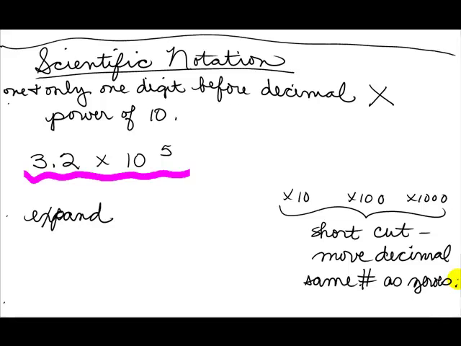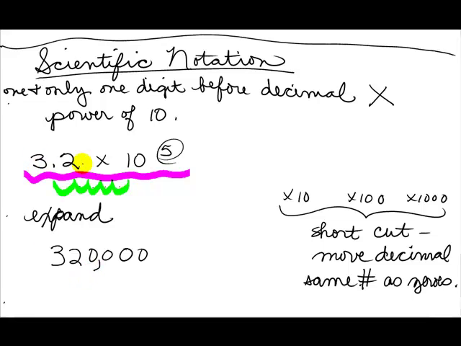So we're going to do the same thing here. I've got 5, and so my decimal is going to be moved 5 places. So there's 1, 2, 3, 4, 5. And if there's not a number there, I'm going to have to add some zeros. So this answer is 3, 2, and then 1, 2, 3, 4 zeros. And then come in and put your comma.